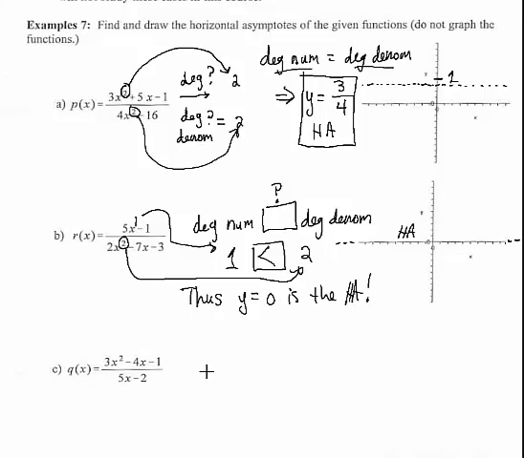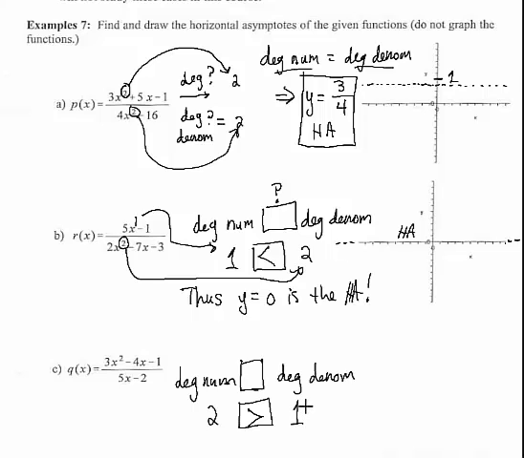Alright. Q, well, it doesn't look like we have a coordinate system here, and I don't think we're going to need one. So box, degree of numerator, degree of denominator. Let's find them. The top numerator is degree 2 and the bottom is 1. So now the top is greater than the bottom.